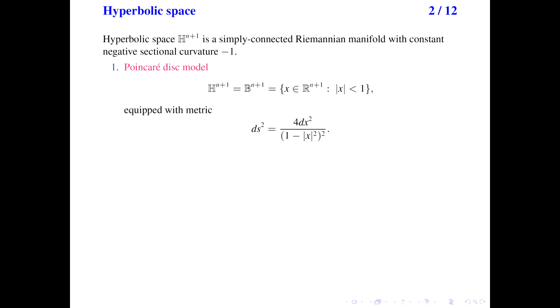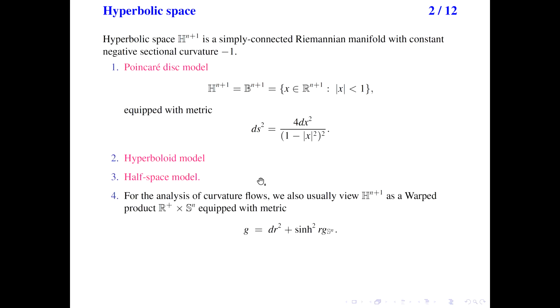We identify the hyperbolic space with the unit ball equipped with the conformal metric ds squared, which is given by 4 times dx squared over (1 minus |x| squared) squared. We also have the hyperboloid model and the half-space model for the hyperbolic space.